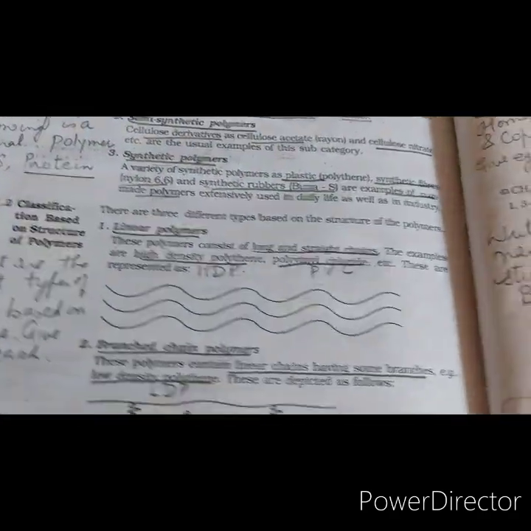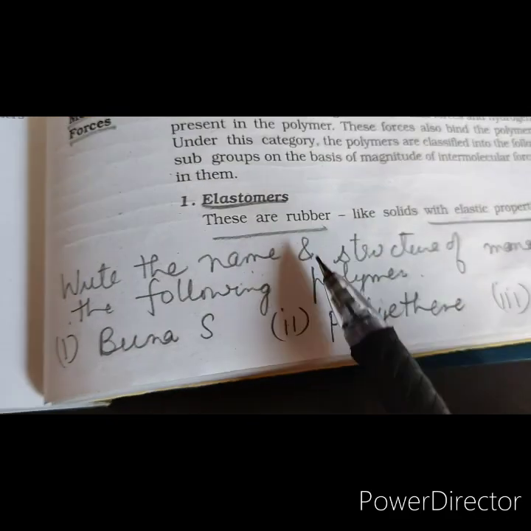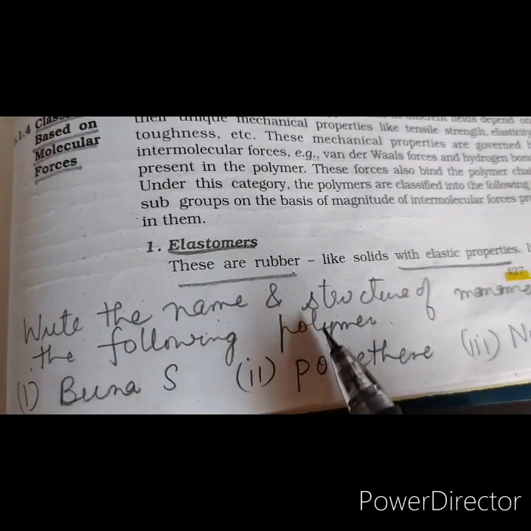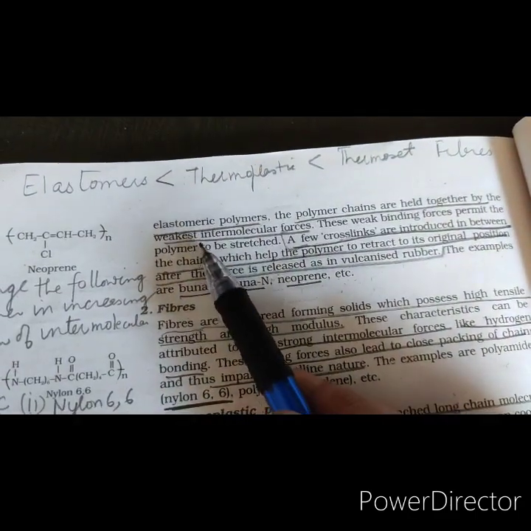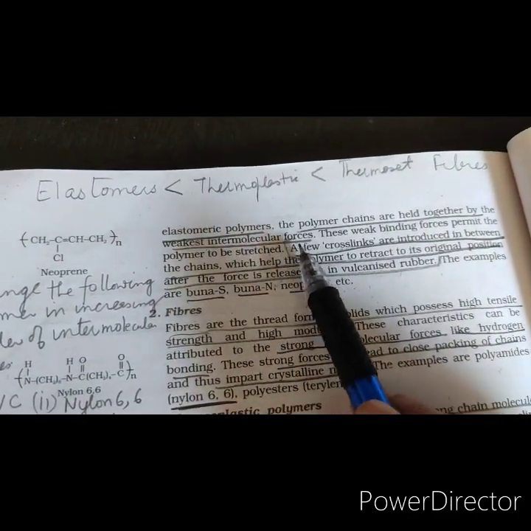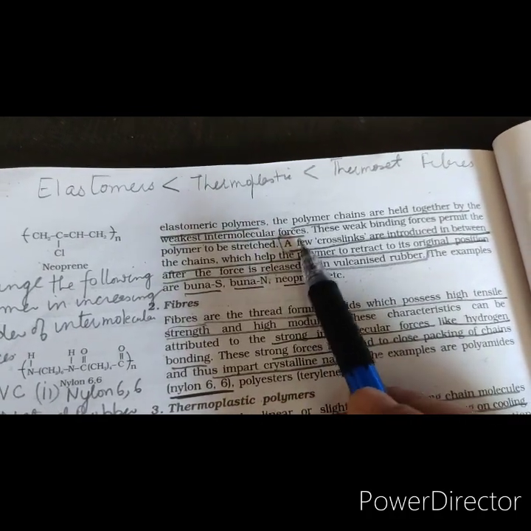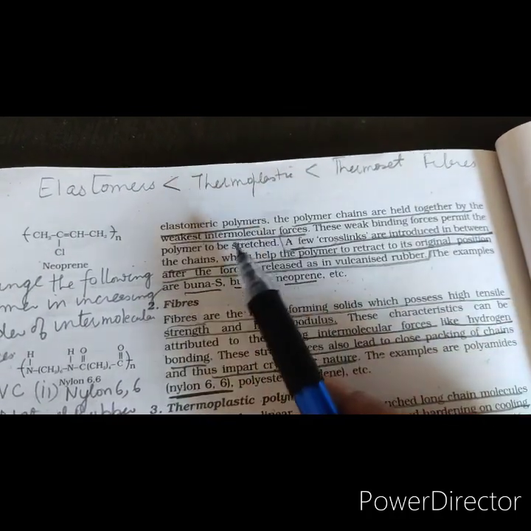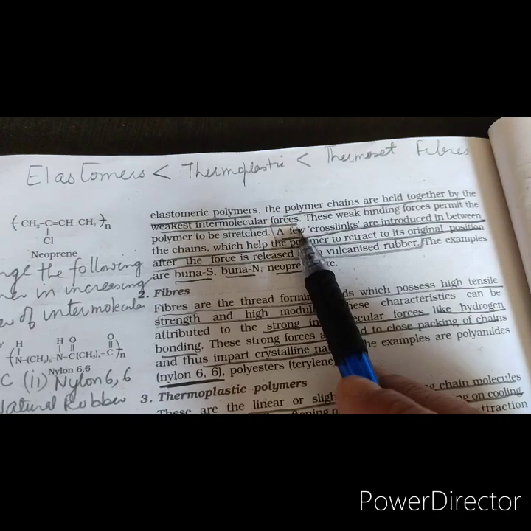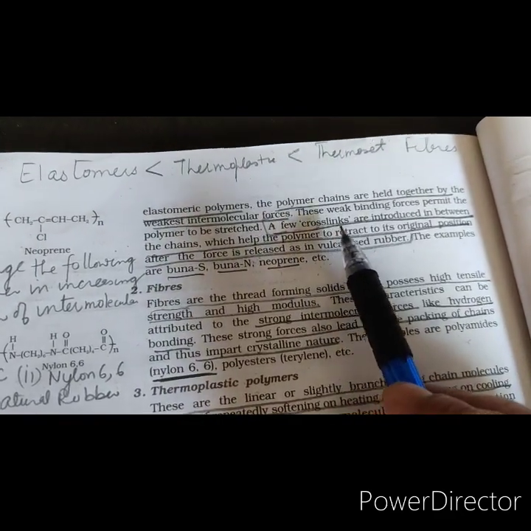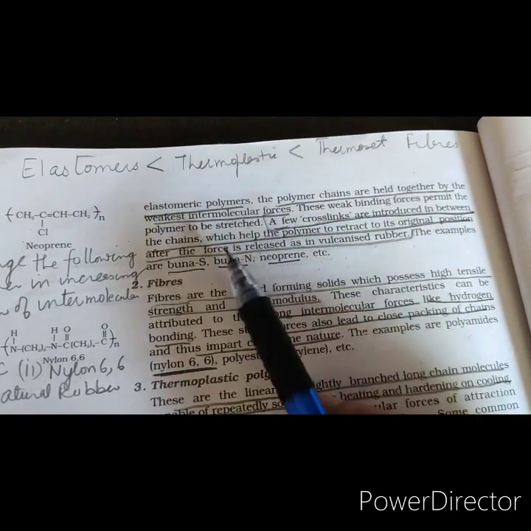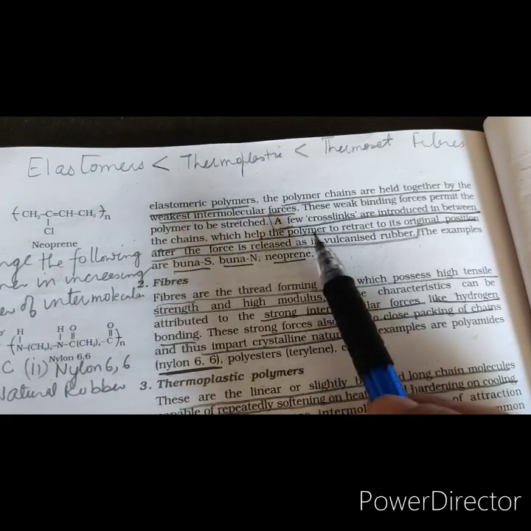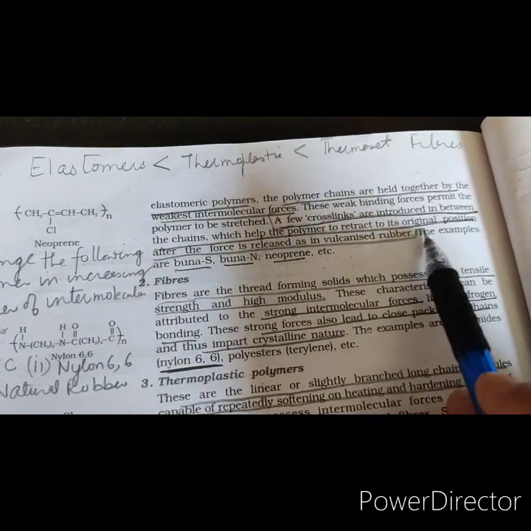Let's see about elastomers. The example is rubber, and it has elastic properties, and the important thing you need to learn is that it has the weakest intermolecular forces. The polymer chains are held together by the weakest intermolecular forces. There are certain crosslinks between the chains which help the polymer to retract to its original position.